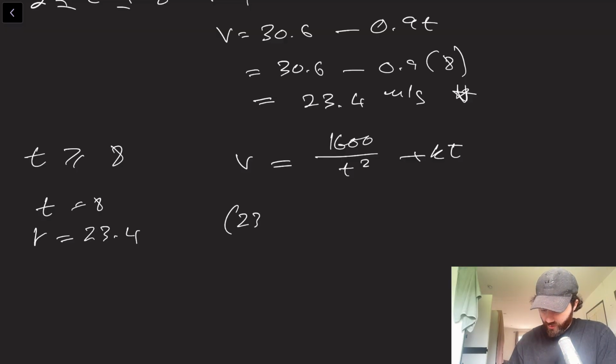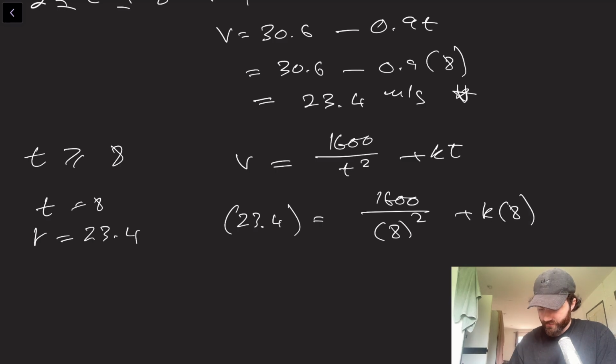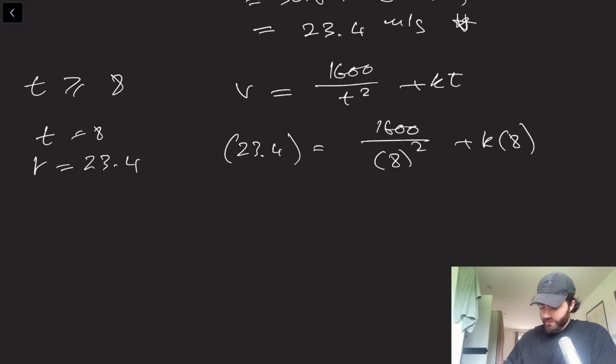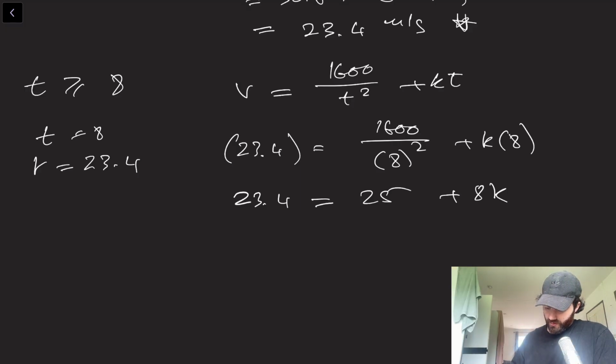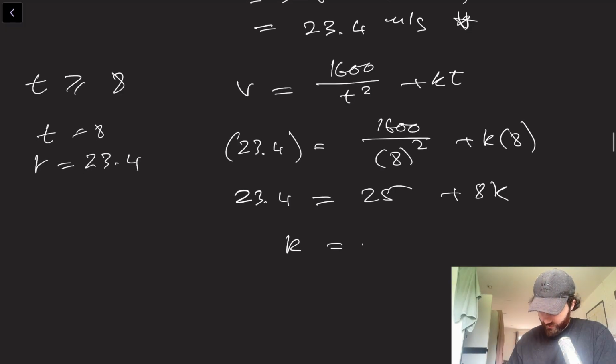So we get 23.4 equals 1600 over 8 squared plus k times 8. 1600 divided by 8 squared is 25. So 23.4 equals 25 plus 8k. So k equals (23.4 minus 25) divided by 8, so k equals minus 0.2.